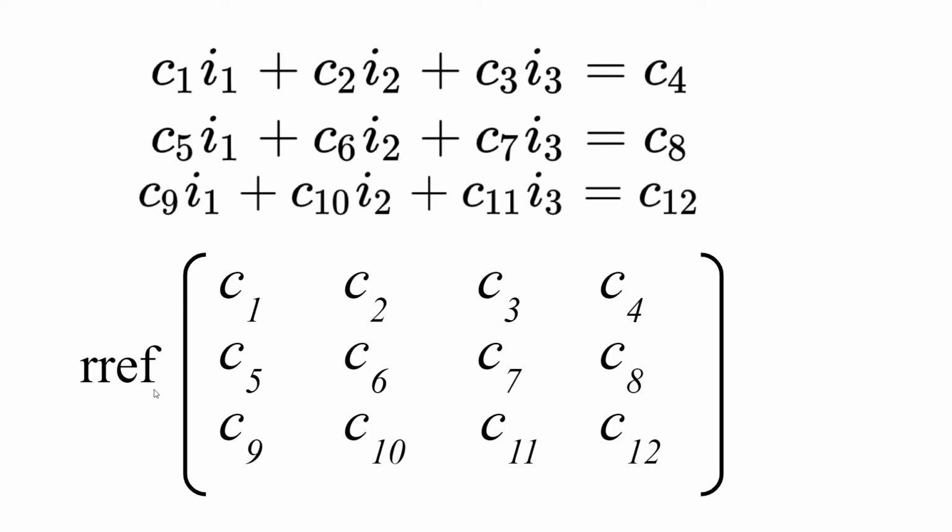I like this better. What the RREF function does is exactly what you'd do by hand if you were solving this, where you'd multiply, let's say, the second equation by some amount, and then subtract it from the first one in such a way that it gets rid of one of the variables, say I3. And then you do the same thing to another equation.